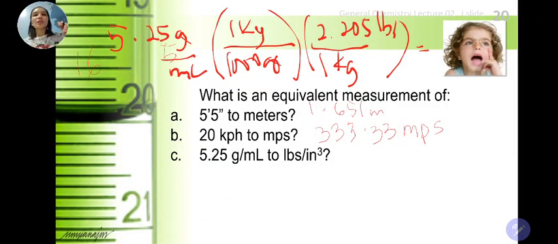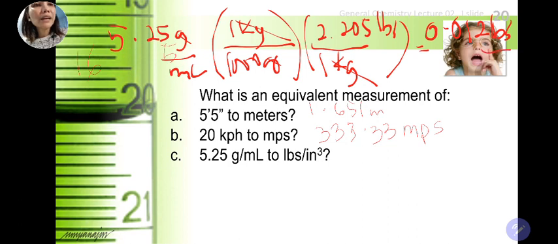So, yan yung compute natin. First, we have 5.25 divided by 1,000 and multiplied by 2.205. You have 0.012 pounds.